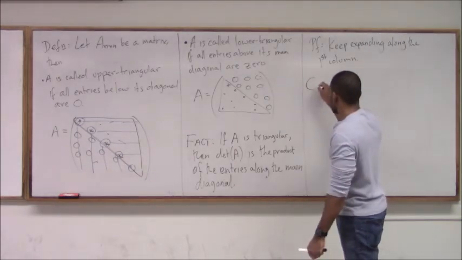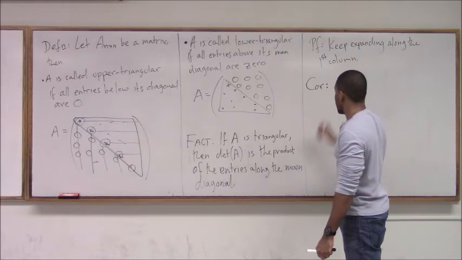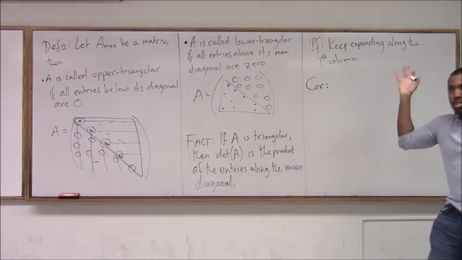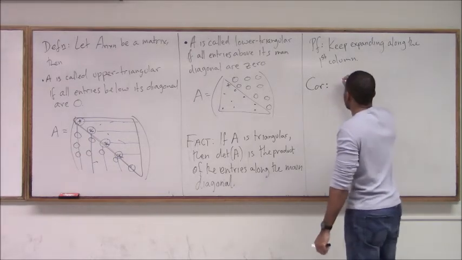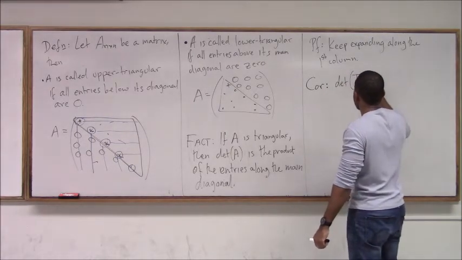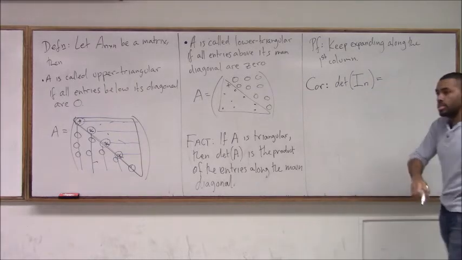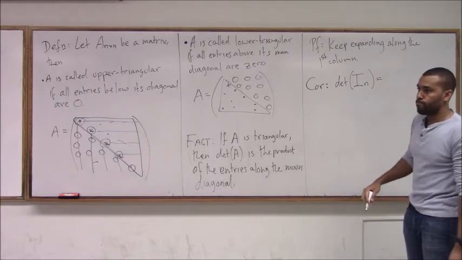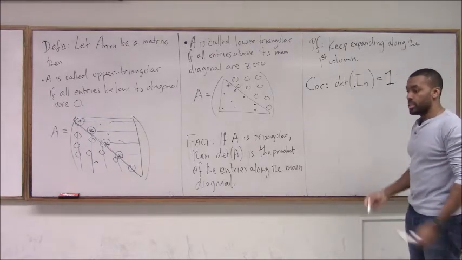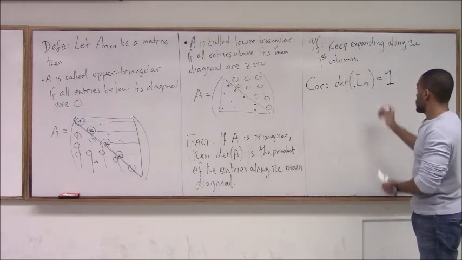Corollary to this fact. I can never remember how to spell the word corollary, so I'll just say it. Corollary is just a fancy word for a consequence. So the determinant of the identity matrix, the n by n identity, is? That's 1, because this guy is triangular.